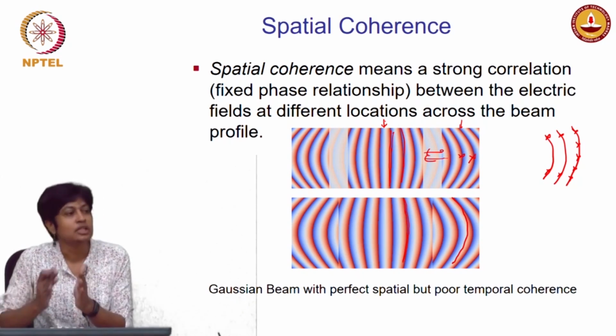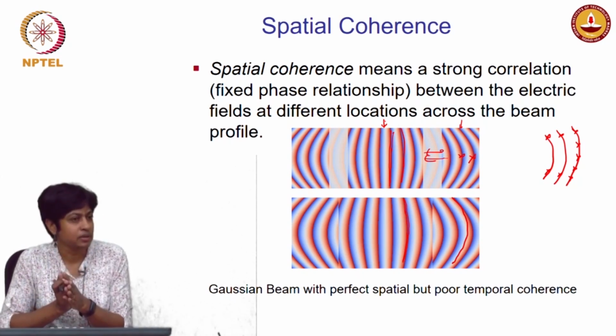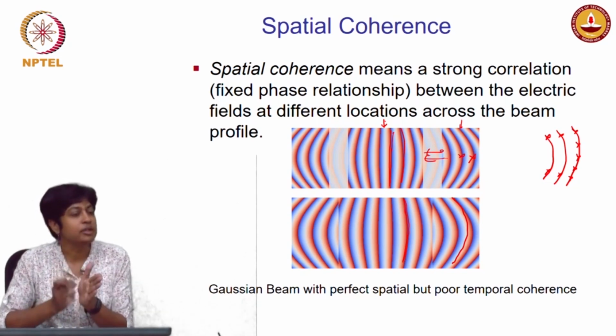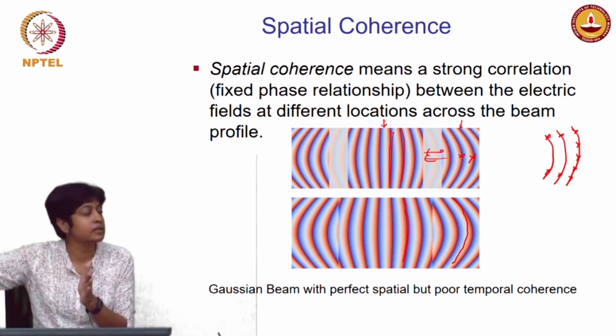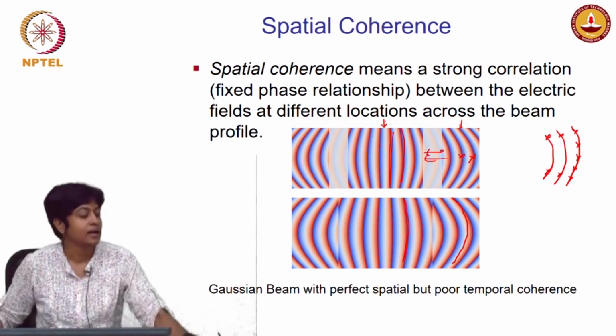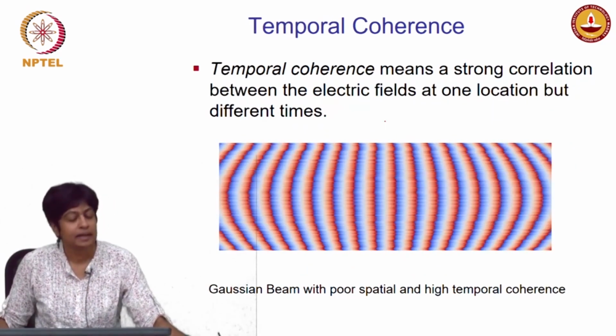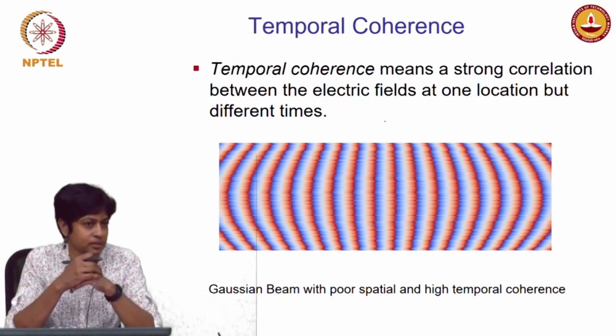Okay? So, the easiest way to think about it is spatial coherence means you have a source where different points on the wavefront will be well correlated with each other, but not correlated to a point at a later time. As you should imagine, temporal coherence is just the opposite.